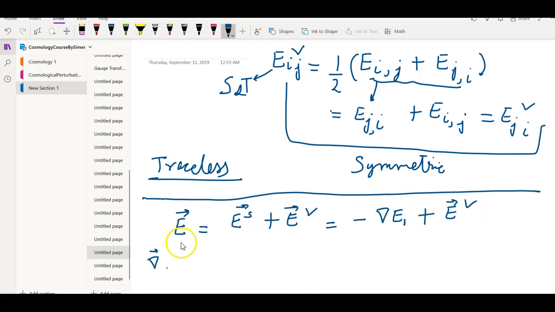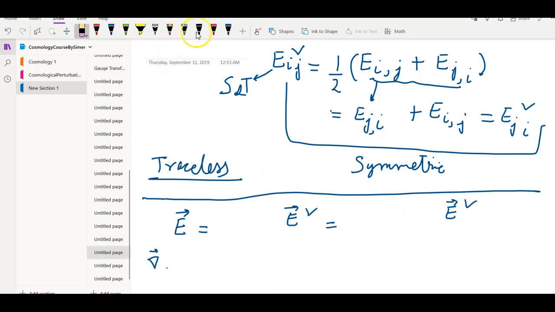Now I don't want to extract any scalar from here because I have already extracted scalar from the scalar part. This should not give me any scalar. So I want this part to be 0, so that it does not give me any scalar, because I have already extracted scalar from E_ij. I now only want this vector part.